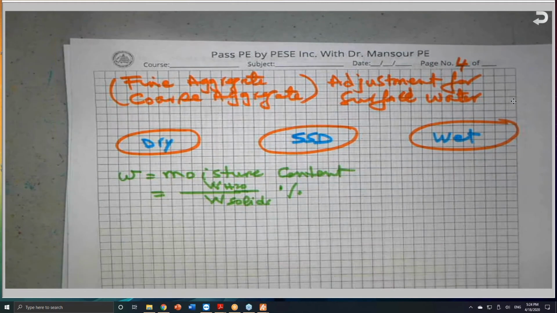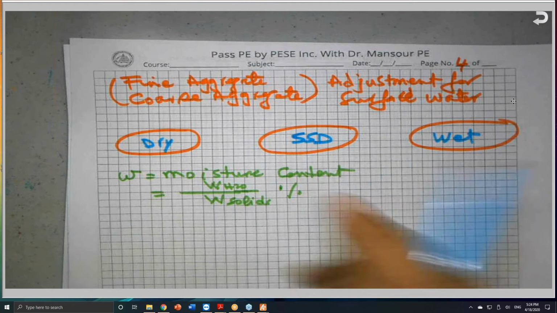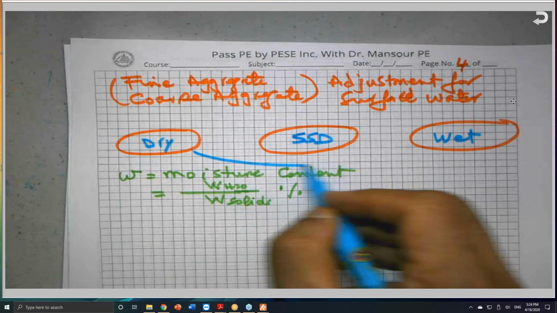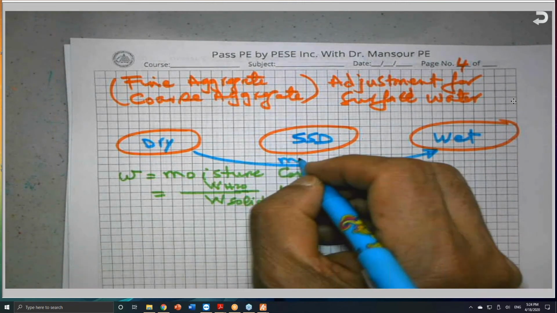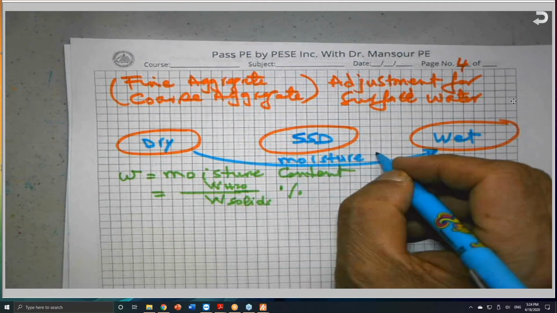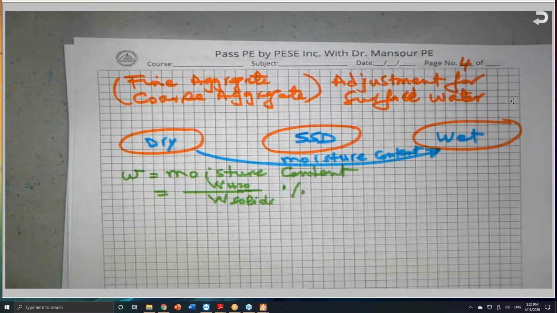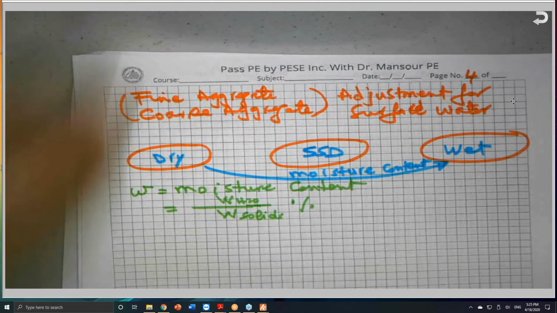We determine the moisture content in relationship between the dry and the wet. So from here to here, I need you to remember that this is the moisture content. There is another moisture content that we need to pay attention to, which is the SSD, the saturated surface dry moisture content. From here to here.